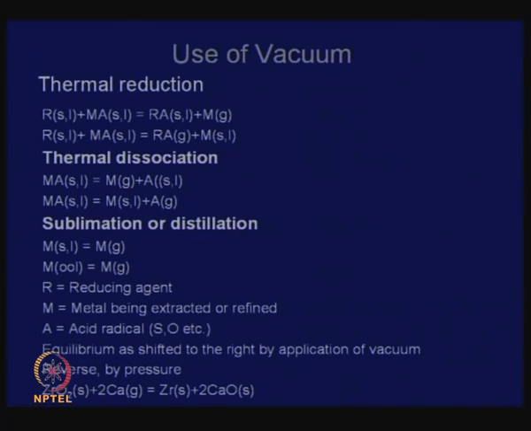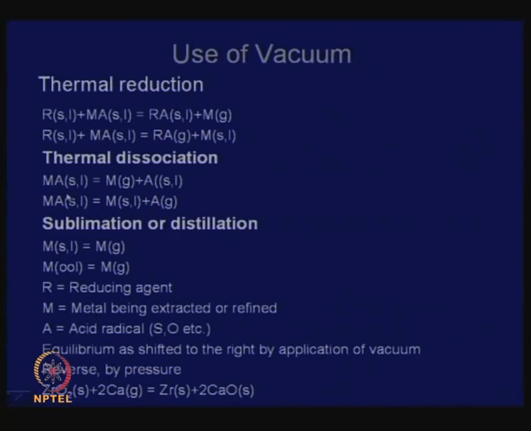There are some very interesting operations in pyrometallurgy, and let me mention some examples. I had mentioned that there are some compounds which are very weak, like mercury sulfide. Say MA, it can be solid or liquid.